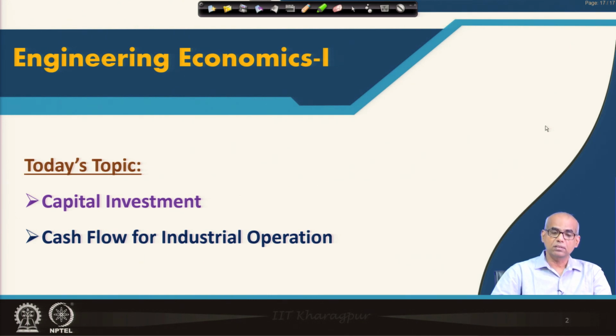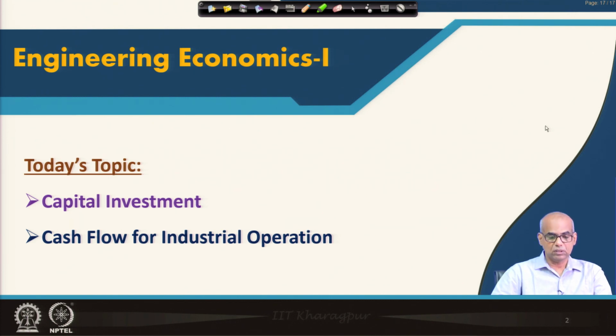So, today we will start with capital investment and cash flow for industrial operations. In this week and the following 2 weeks, we will be talking about various aspects of engineering economics.